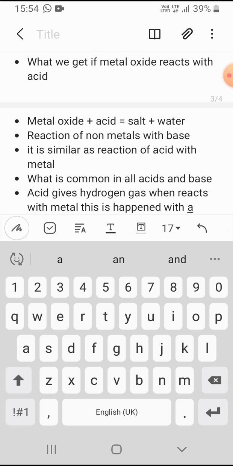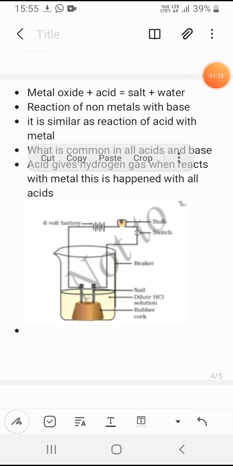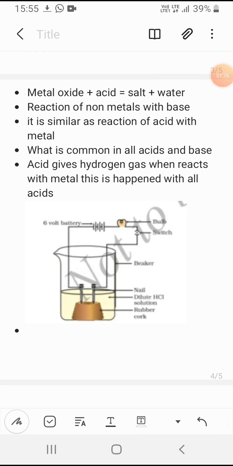So if we take any acid and react it with metal, we will get hydrogen gas only. This happens in all acids, whichever acid you take. In this reaction you can see there is some acid and the bulb is glowing. So the bulb is glowing in this reaction.